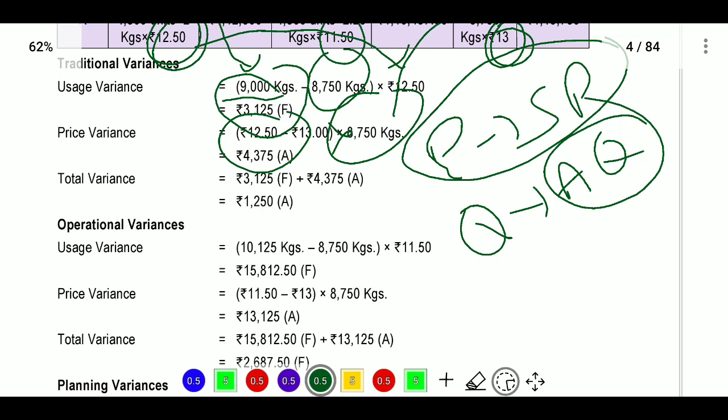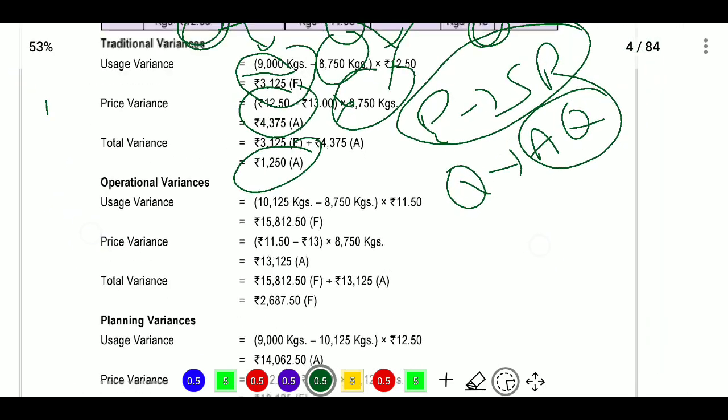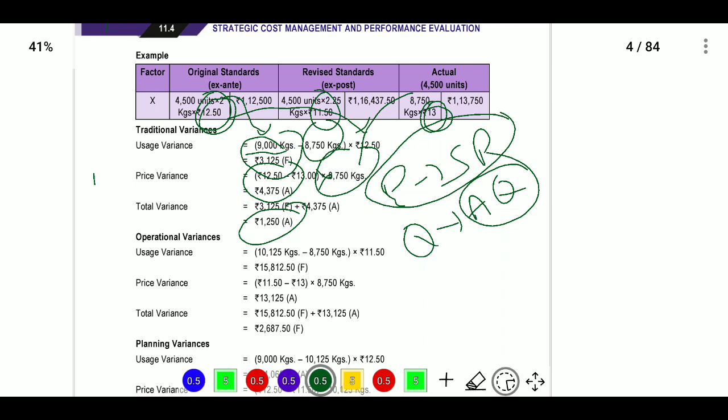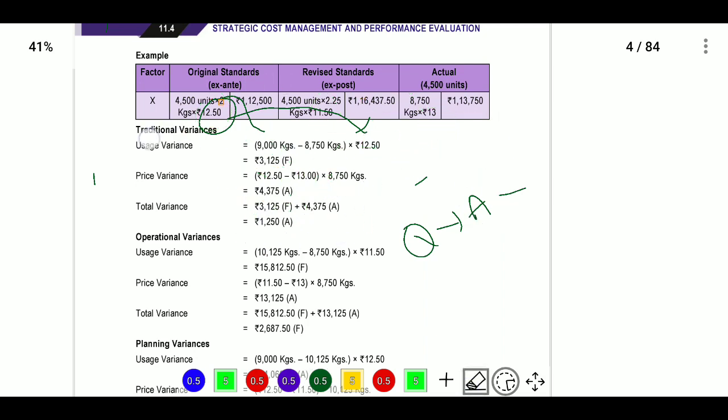Favorable means positive sign, adverse means negative sign. So overall it will be an adverse sign. This is the traditional variance. Next, operational variance means what actually happened.